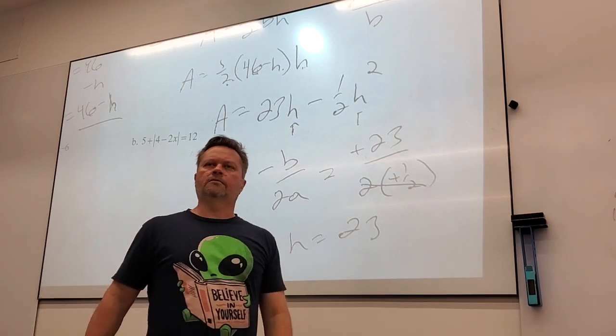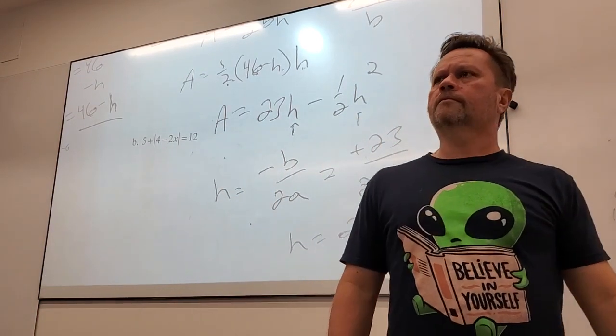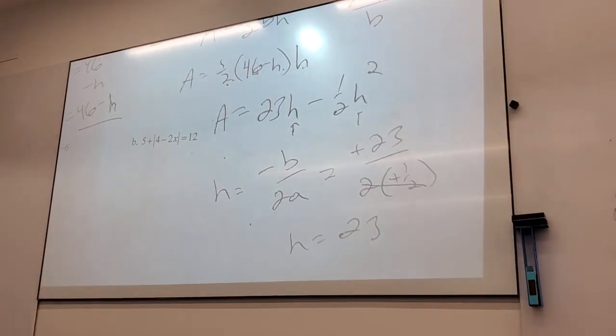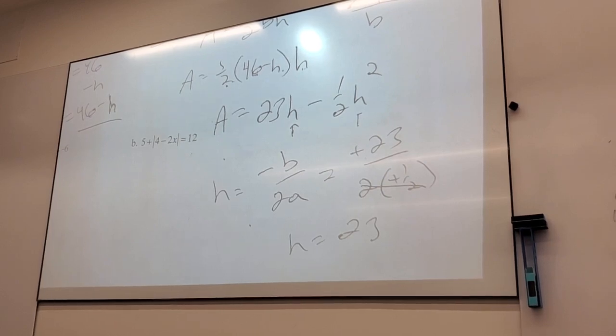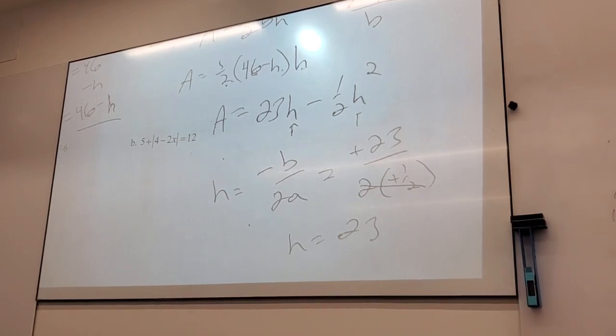What's a, b, and c? What's the form that a, b, and c come from? ax squared plus bx plus c, correct? So a is the coefficient of the squared term. What's the coefficient of the squared term in the area formula right there?